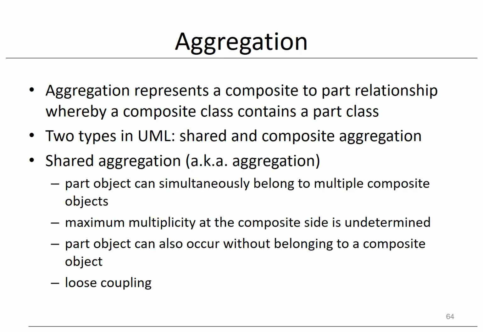In shared aggregation, the part object can simultaneously belong to multiple composite objects. In other words, the maximum multiplicity at the composite side is undetermined. The part object can also occur without belonging to a composite object. A shared aggregation thus represents a rather loose coupling between both classes.